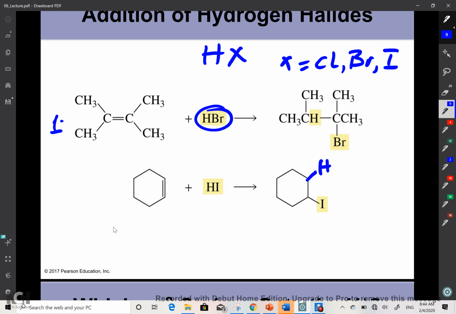If I say mechanism, then I need to see that intermediate. Whichever one, with HBr or HI, either reaction 1 or reaction 2. Just practice the mechanism for any of those. Choose the one you think is easier for you.